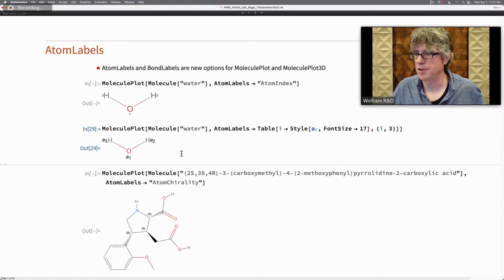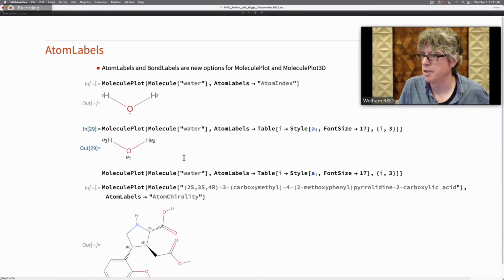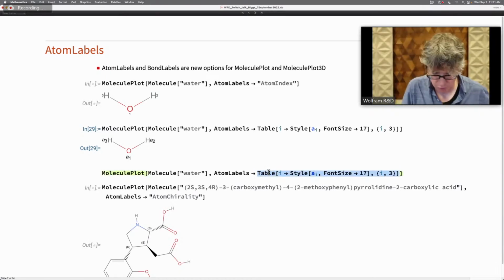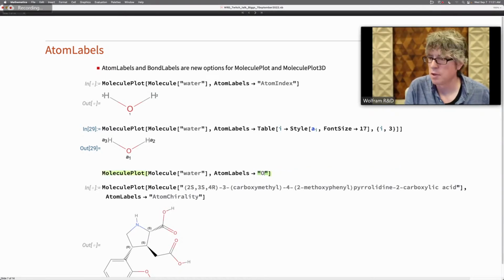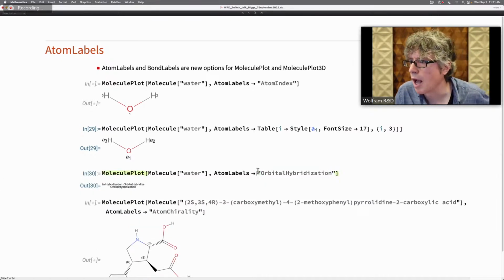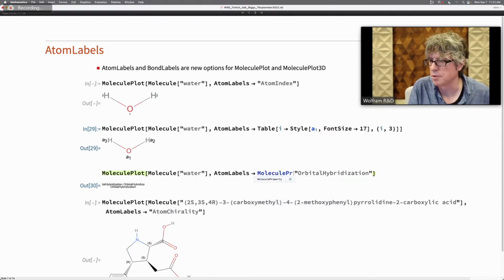You can specify actually a property here, right? So we get atom labels goes to, let's say, orbital hybridization. Nope, right. Molecule property.